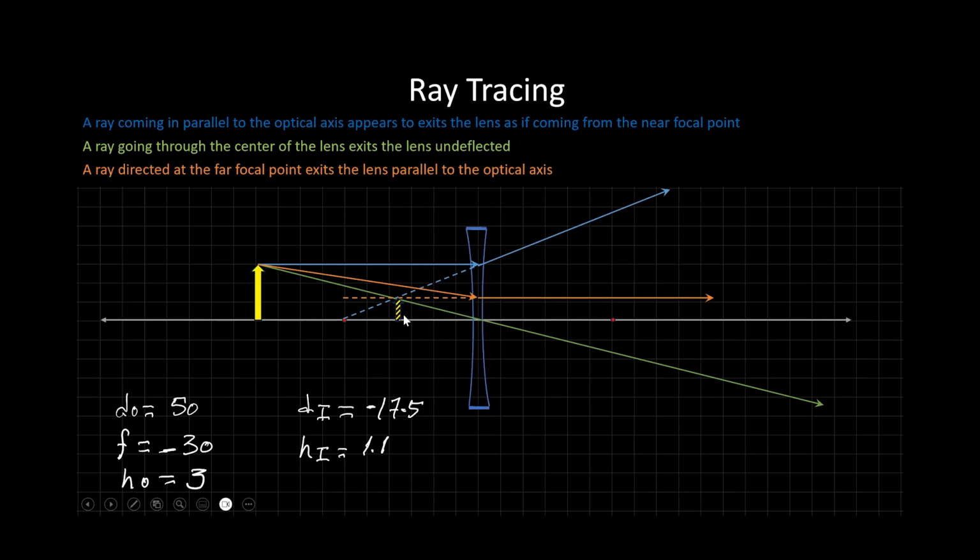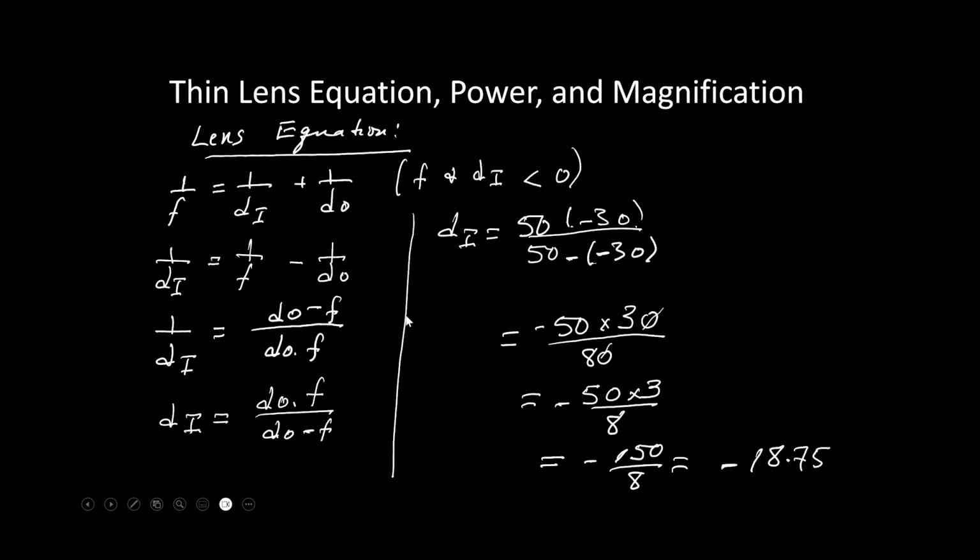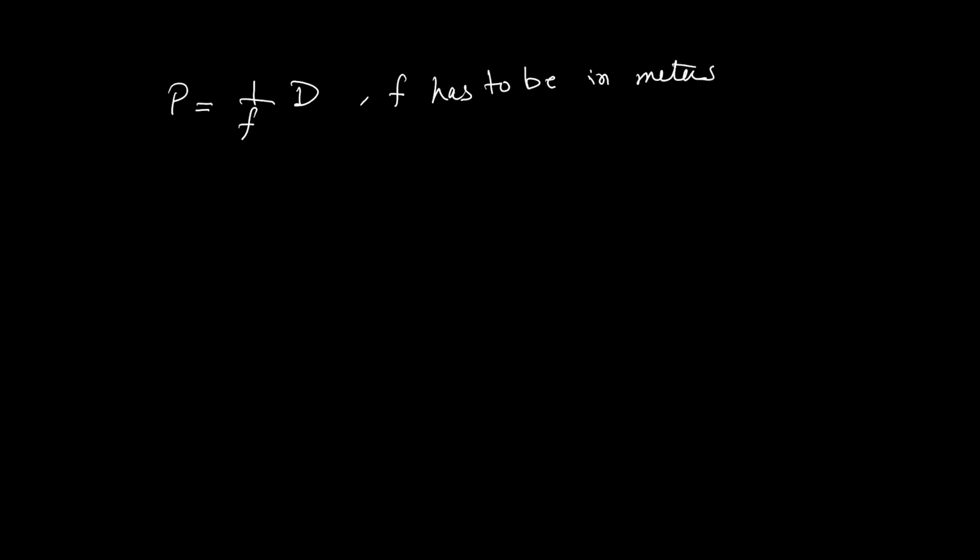This is good. Now let's look at the magnification. First, what is the power? Power, again, is in diopters, and it's 1 over f. But f has to be in meters. So let's assume our units here are centimeters. f was given to be negative 30 centimeters, which is negative 30 over 100 meters, or negative 3 over 10 meters.